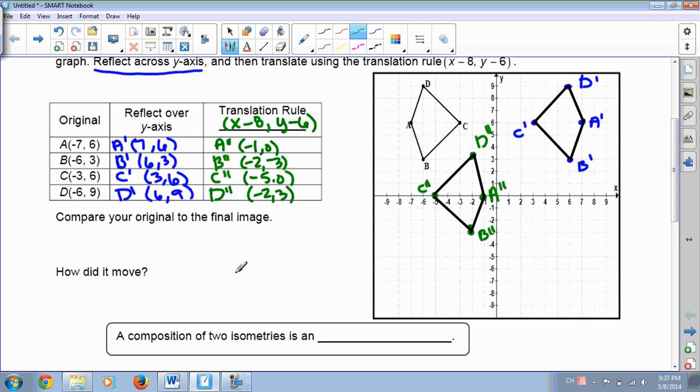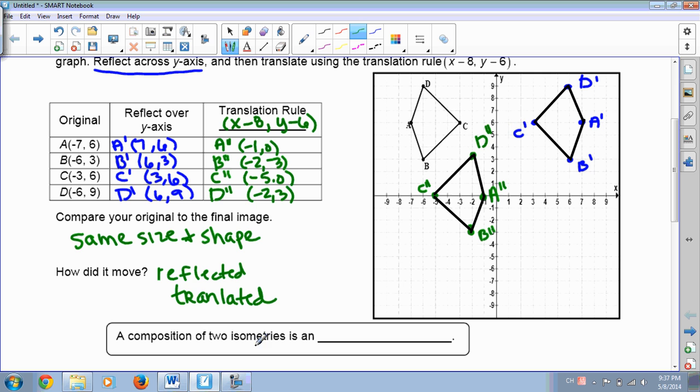Okay, so compare your original image to the final image. I mean, it's the exact same image, same size, same shape. It's just been reflected and translated. How did it move? Well, obviously, we reflected it first, and then we translated it second.